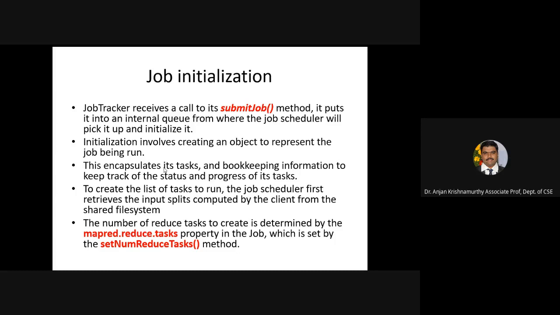And after this is done, the job tracker essentially creates the input splits, right? After creating the input splits, it basically creates the number of reduce tasks and the number of map tasks, right? You are already aware that the number of reduce tasks will always be less than the number of map tasks.